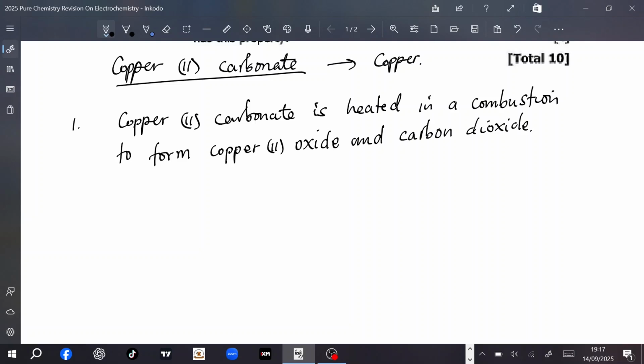Okay, so that's what happens when copper carbonate is heated. It undergoes decomposition to produce two compounds, which is copper 2 oxide and carbon dioxide.